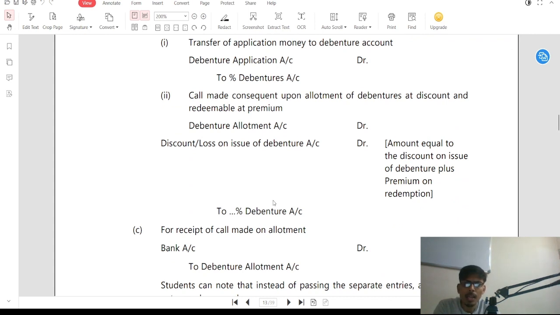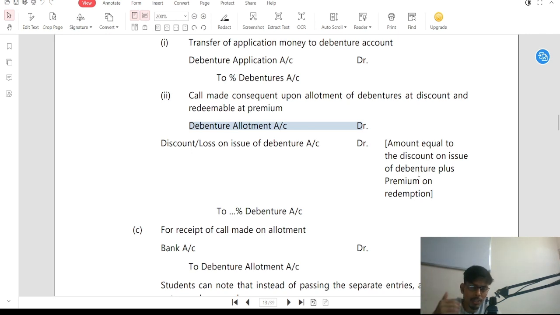See, the first thing is that when we are going to issue the debenture at a discount, debenture allotment account debit to debenture account; the discount should be adjusted at the time of allotment, as well as you are paying the premium on the redemption.